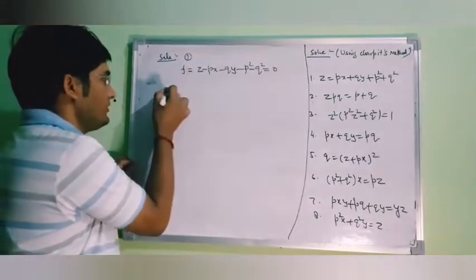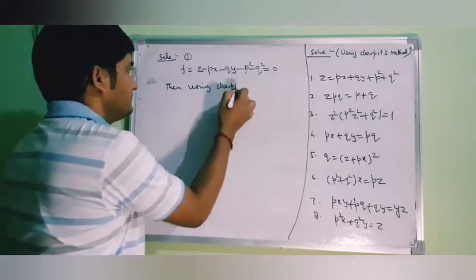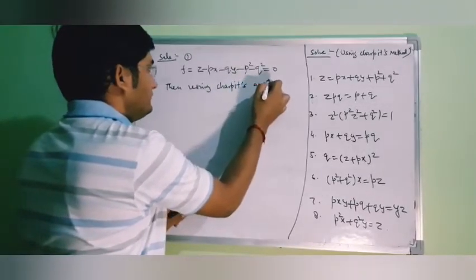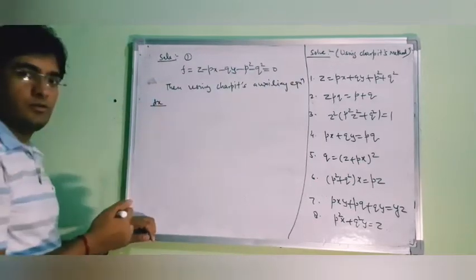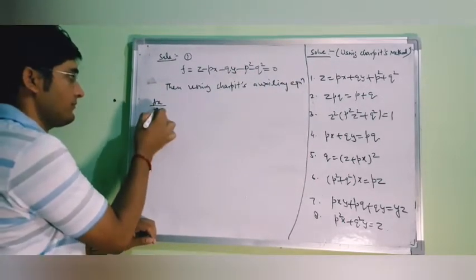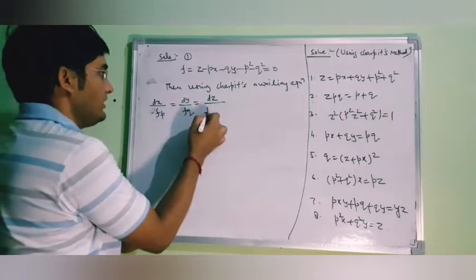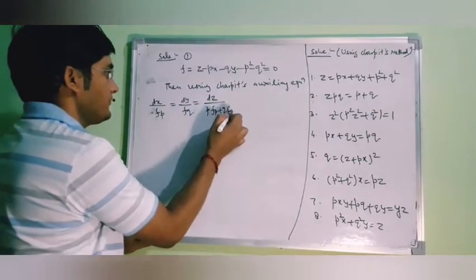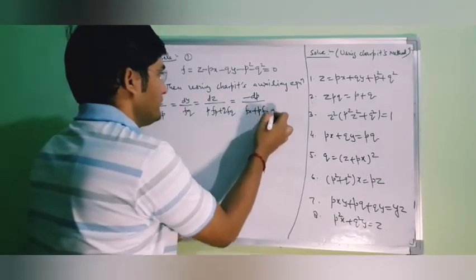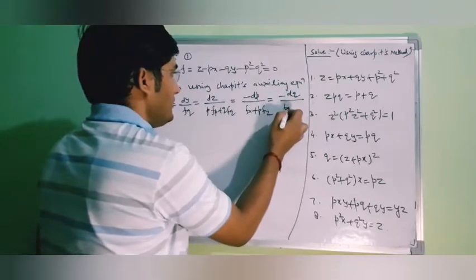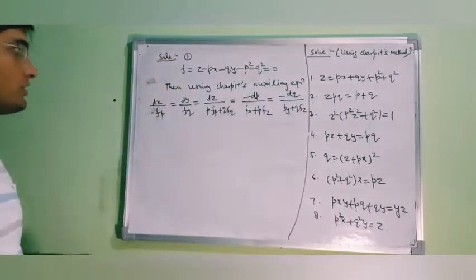Now if this is your f, then your Charpit's auxiliary equation is dx upon fp equal to dy upon fq equal to dz upon p fp plus q fq equal to minus dp upon fx plus p fz and minus dq upon fy plus q fz.